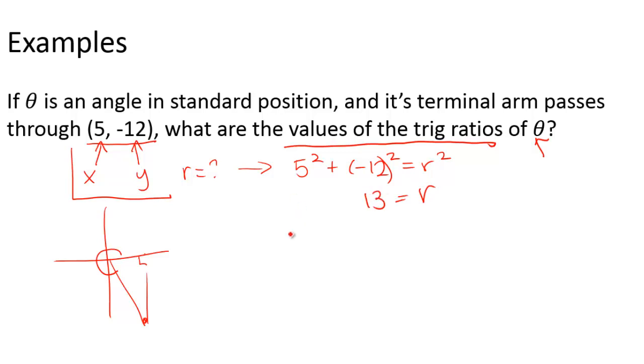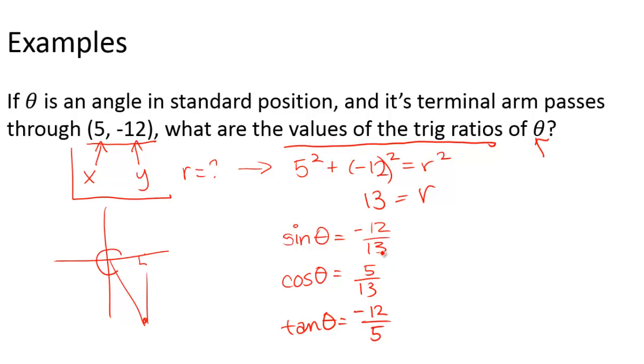So since you have that, you now can find the sine ratio, which is your y over your r, your cosine ratio, which is your x, the adjacent, over your r, and the tangent ratio, which is your y over your x, your opposite over your adjacent. So you have your three trig ratios. You can take reciprocals to find the reciprocal ratios to complete the set.